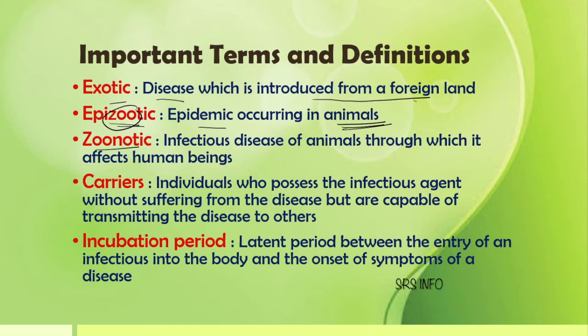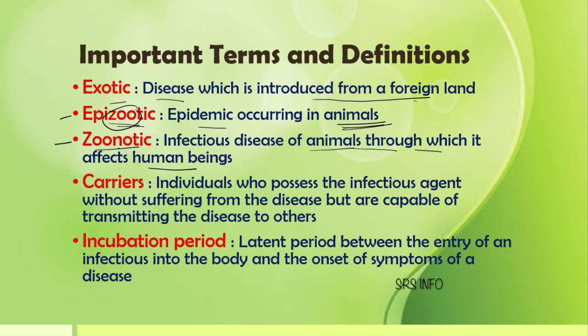Zoonotic. Zoonotic diseases are those infectious diseases of animals through which it affects human beings. This is the difference between epizootic and zoonotic. Epizootics are those diseases which affect animals only, but zoonotic are those diseases of animals which have a possibility of spreading to human beings from animals.